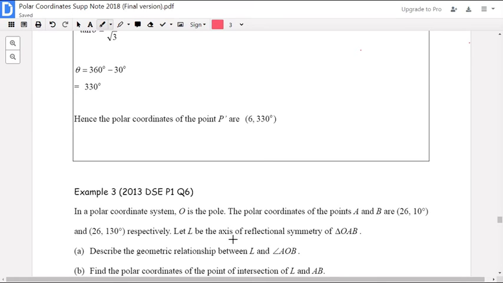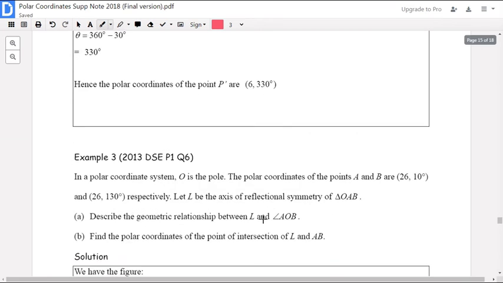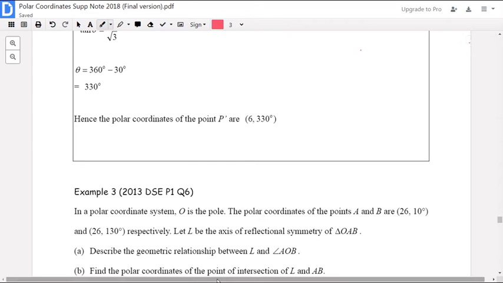Let L be the axis of reflectional symmetry of triangle OAB. Now, the first part, you are required to describe the geometric relation between the line L and angle AOB. Second, part B, find the polar coordinates of the point of intersection of L and AB.